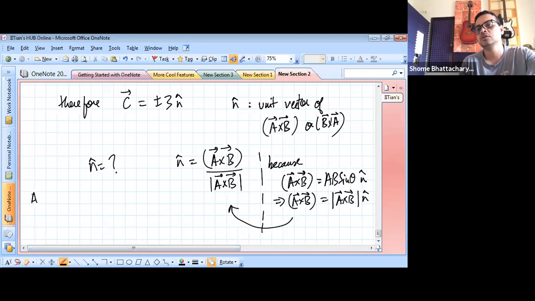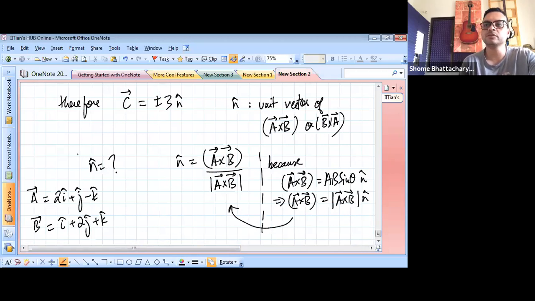A was the vector 2i cap plus j cap minus k cap, and B was the vector i cap plus 2j cap plus k cap. So next we have to find the cross product, then from the cross product find its unit vector. And then we know C is either plus or minus 3 of n cap.